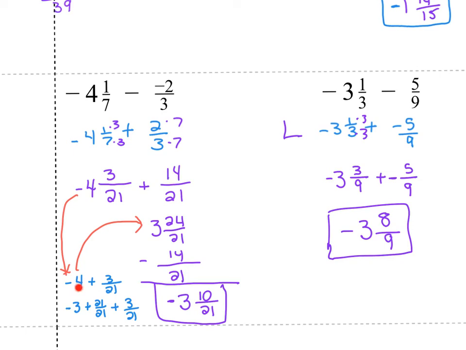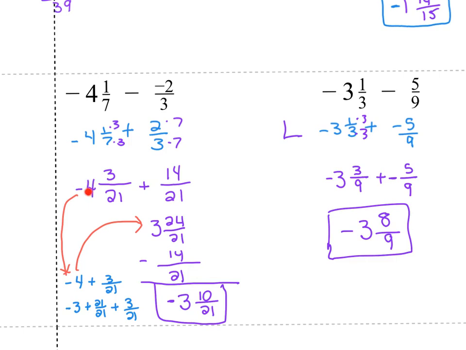So I changed my 4 to 3 and 1 whole. So 3 plus 1 is 4, but I changed that 1 to 21 over 21. So this means the same thing as this, but now we have our denominator.